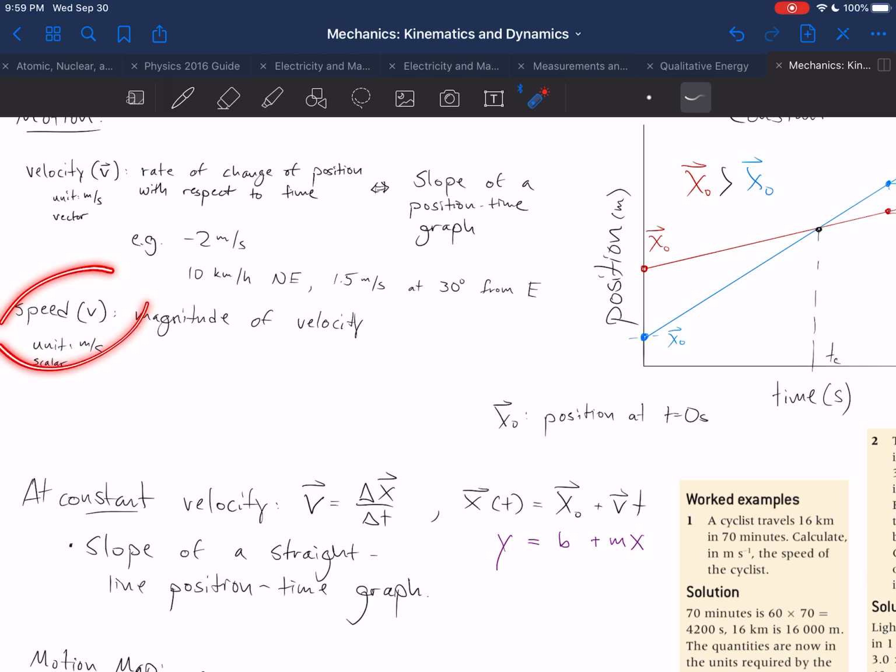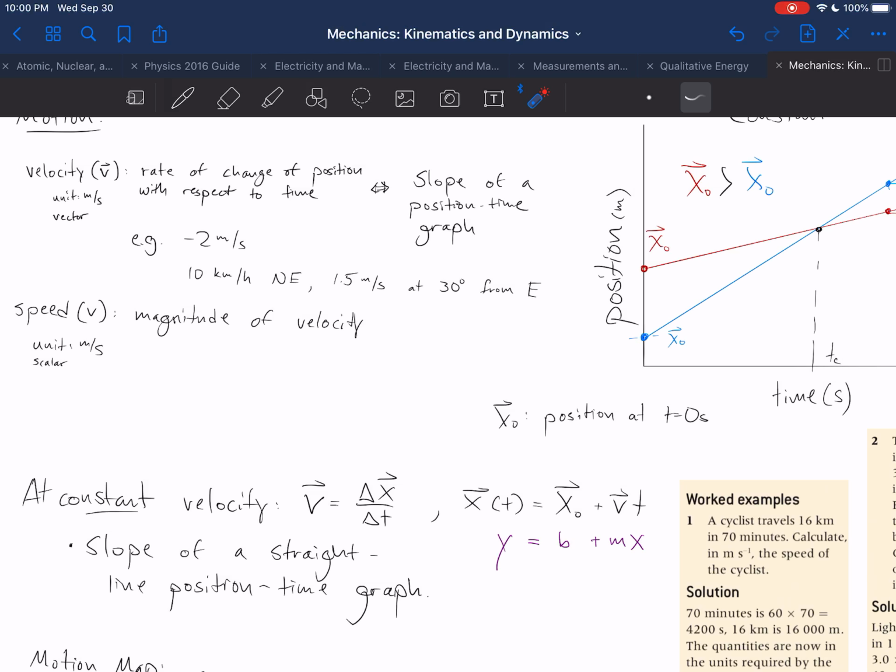And speed is a word we use to mean the magnitude of the velocity. So in this case, it would be simply 2 meters per second, 10 kilometers per hour, and 1.5 meters per second. Note that the speed is what is measured in your car by a speedometer.